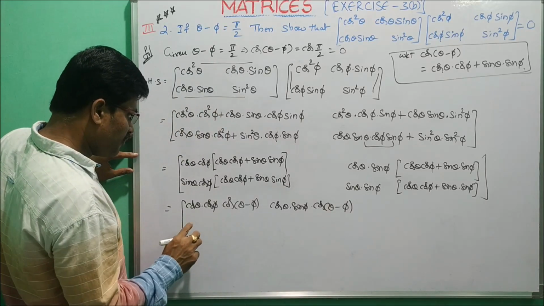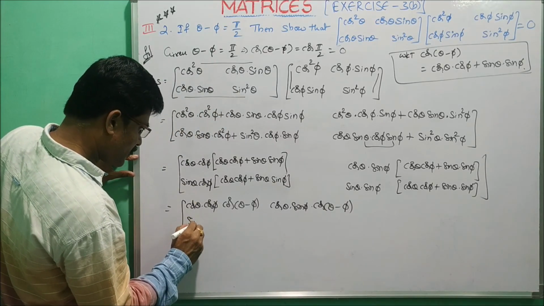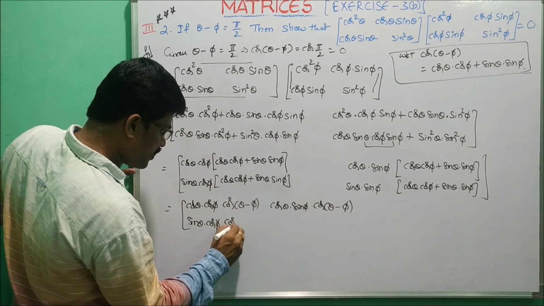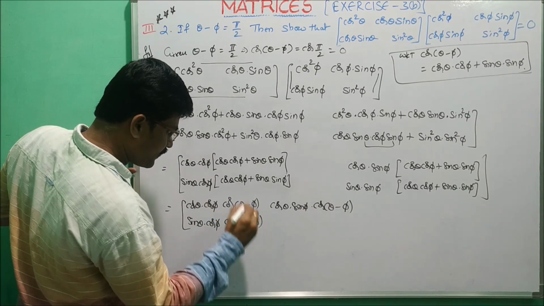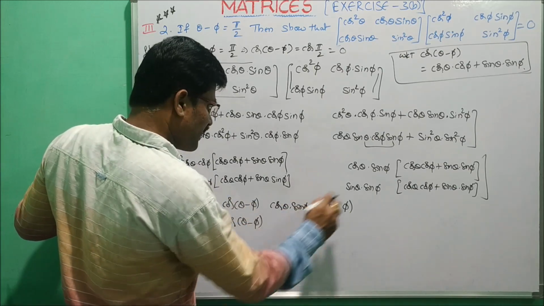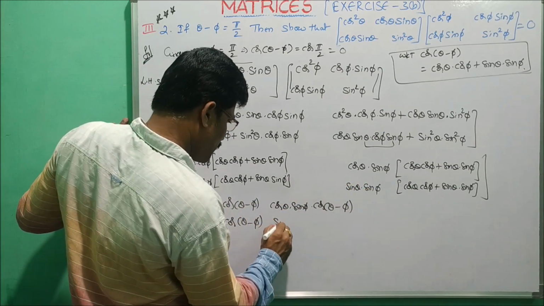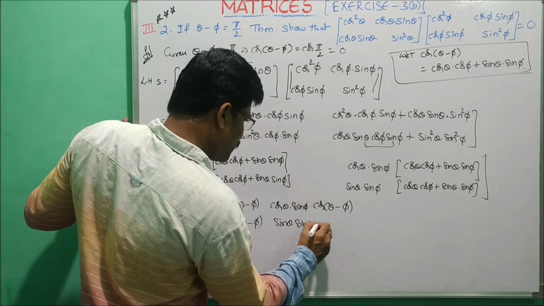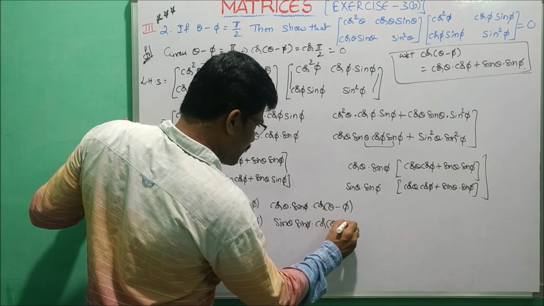In second row first column, sin theta cos phi into cos theta minus phi. So second row second element is sin theta sin phi into cos of theta minus phi.